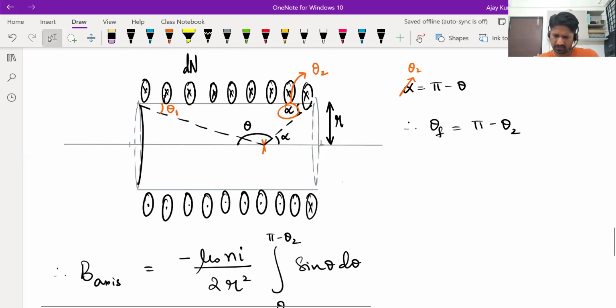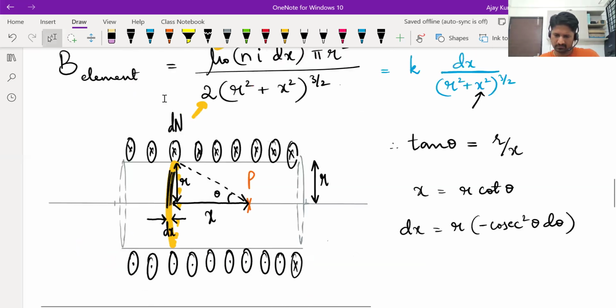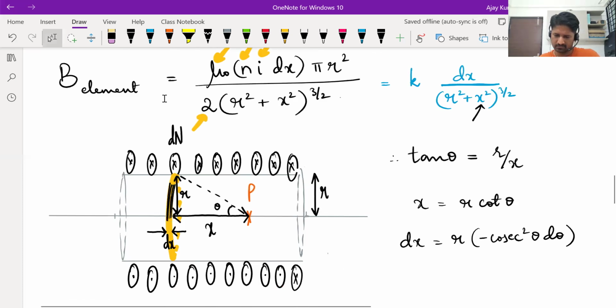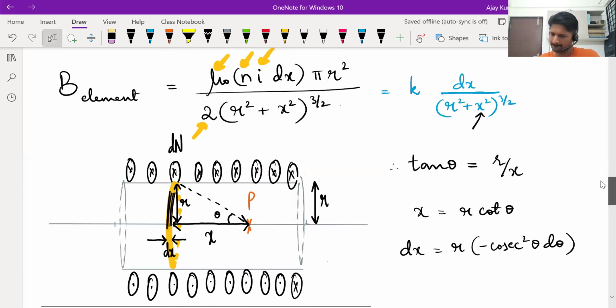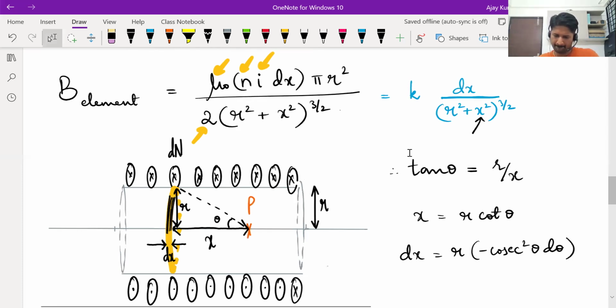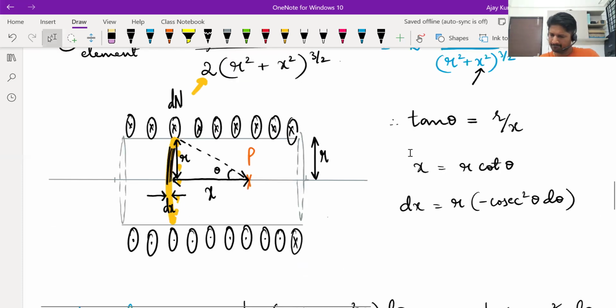Let us just check. Why did we get this minus? I think it is with dx itself. Usually that is where the problem comes. Listen. If x increases, we took x to the left side, from the point P to the left. dx is also going that way.